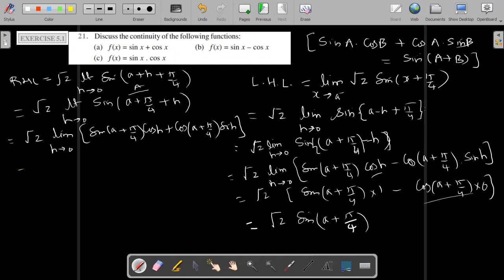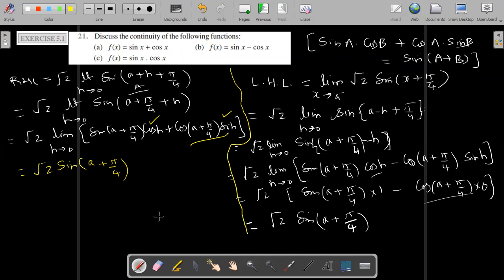Then we get cos 0 degree 1 and sin 0 degree is 0. So this will become 0 and we get again the same value, root 2 sin(a + π/4). This is the left hand limit, right hand limit. Now the value of the function.